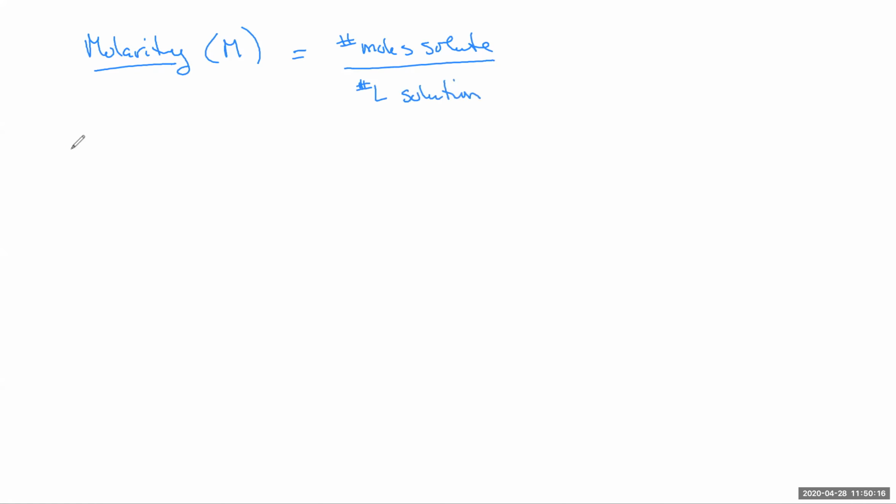When they do percents, they use milliliters of solution. When we're talking about molarity, you must be in liters of solution. That's an important distinction in the problems, and I know it confuses some people. So let me show you some sample problems, and see how you're going to use these equations.